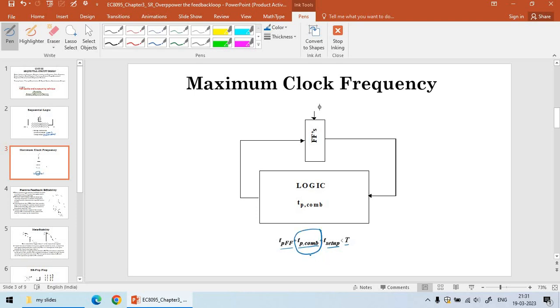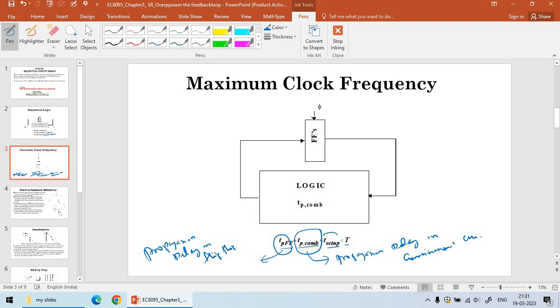It is nothing but the propagation delay in the combinational circuit. And TPFF is the propagation delay in the flip flop.